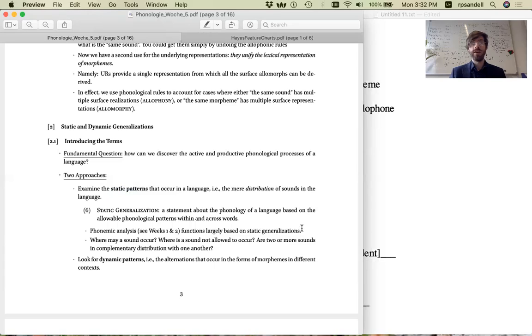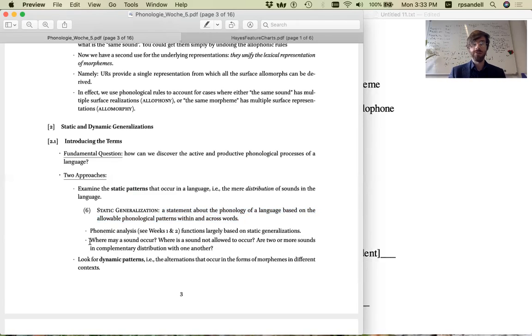Does a sound only occur before non-sonorant consonants, for instance? So these so-called static generalizations are statements that we can make about phonology, things that we can simply say about the phonology of a language, based on the patterns that are permitted, the patterns that are allowed either inside a word or even across word boundaries.